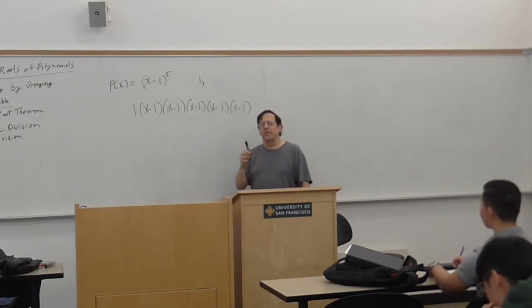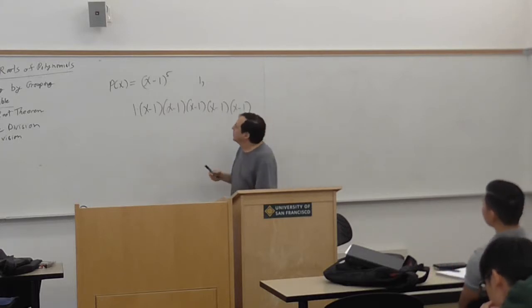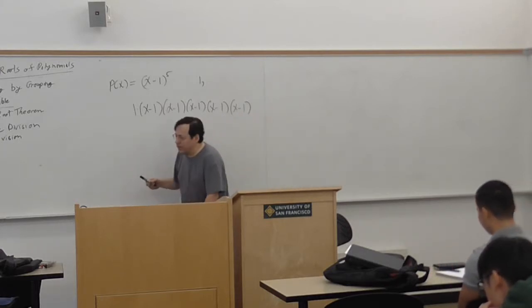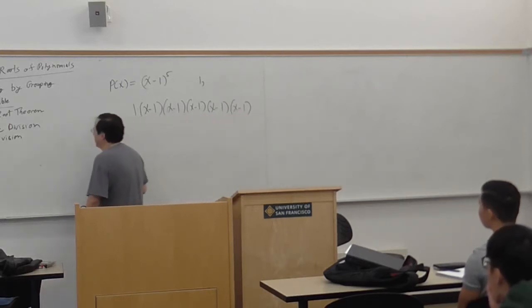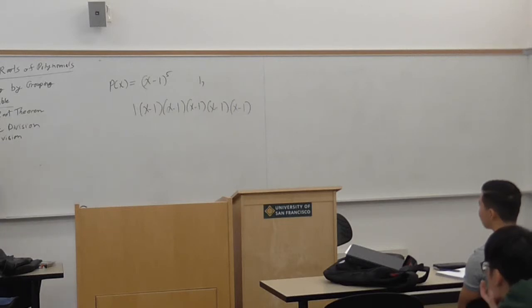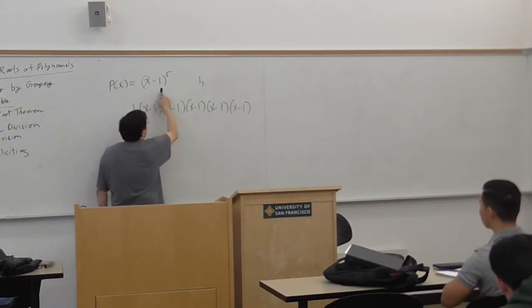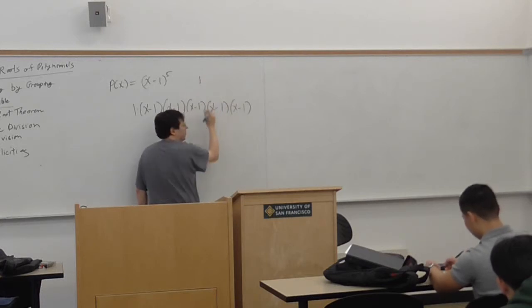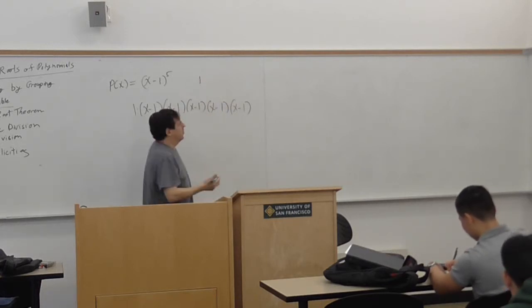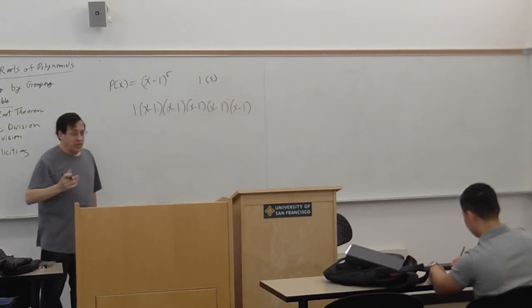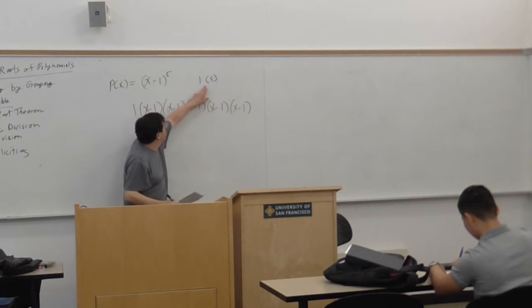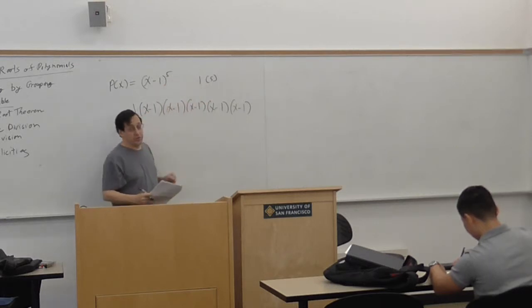Okay, so we have to amend the complete factorization theorem a little. You have to count roots and their multiplicities. This has just one distinct root, but it has multiplicity 5. So given that I count 1 five times, I've found all the roots for this.